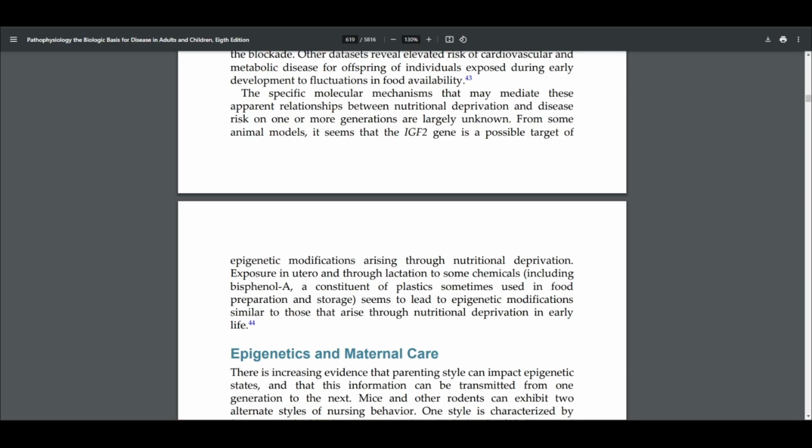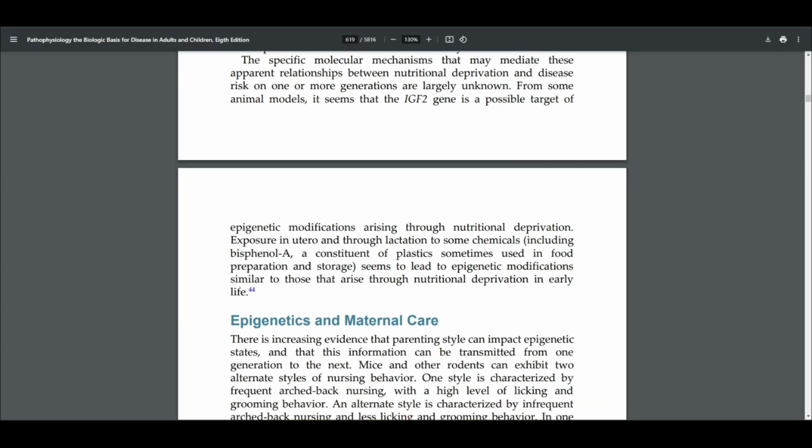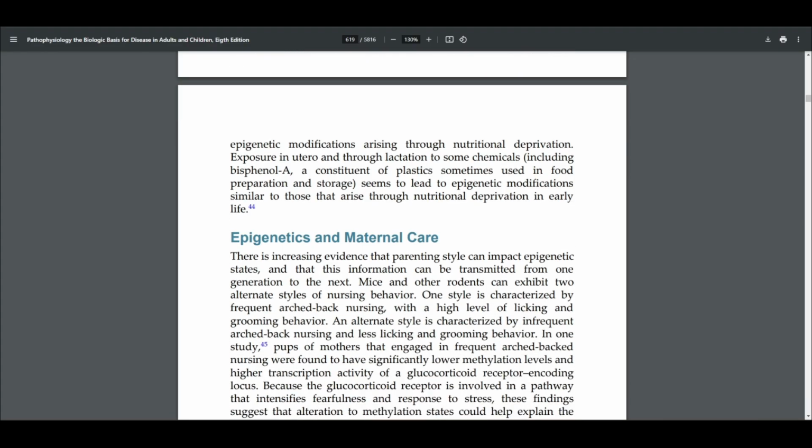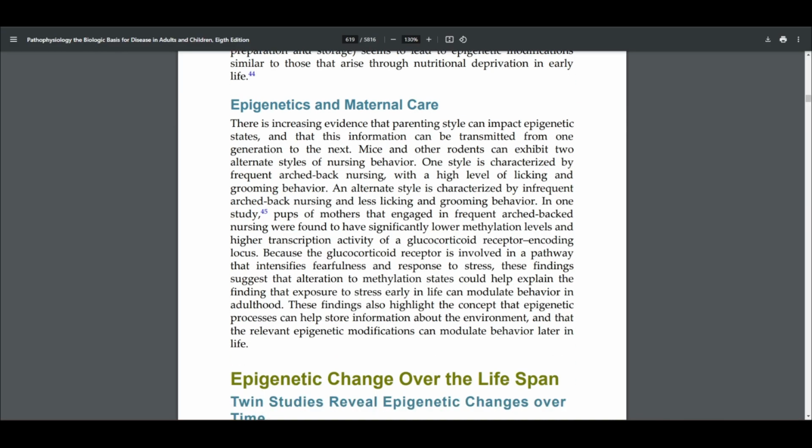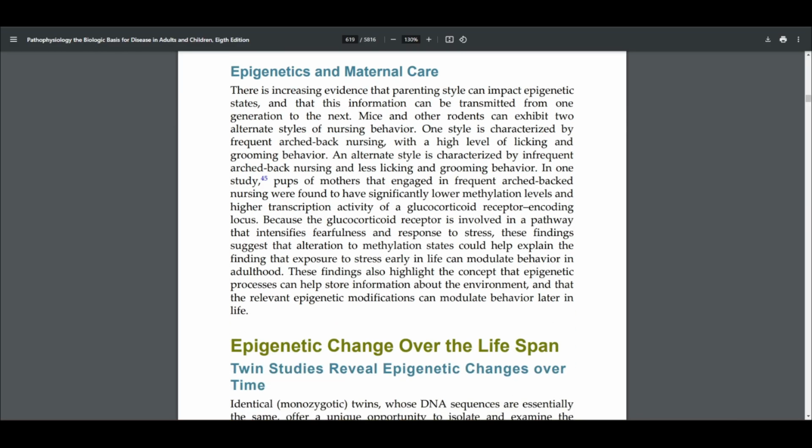From some animal models, it seems that the IGF2 gene is a possible target of epigenetic modifications arising through nutritional deprivation, exposure in utero, and, through lactation, to some chemicals, which seems to lead to epigenetic modifications similar to those that arise through nutritional deprivation in early life.